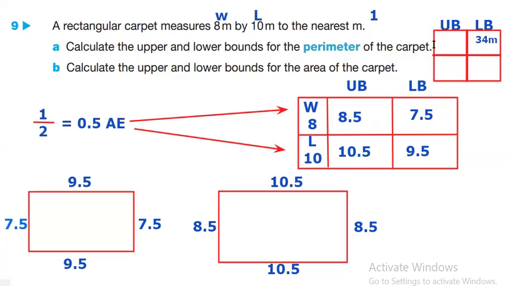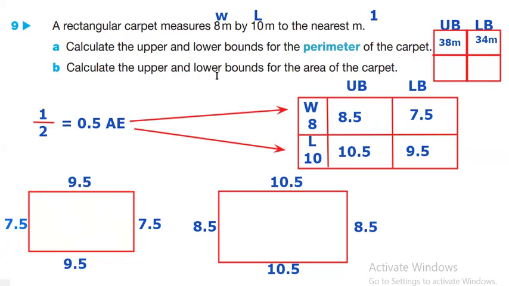So this one is 38. And this is the upper bound of the perimeter. So as we said, we found the upper bound of the perimeter, which is 38, and the lower bound of the perimeter, which is 34, by adding the lower bound measurements and the upper bound measurements.